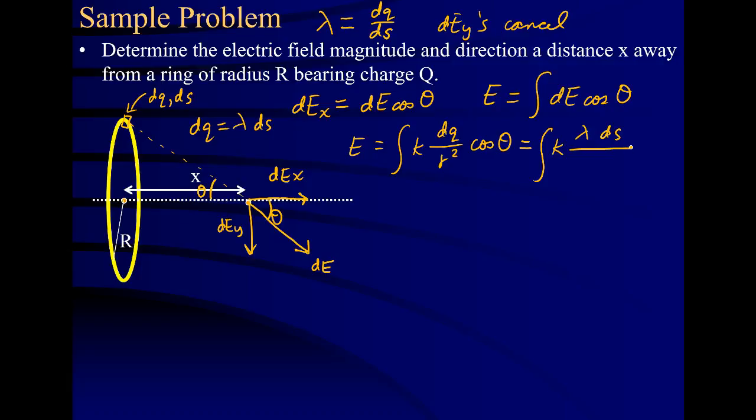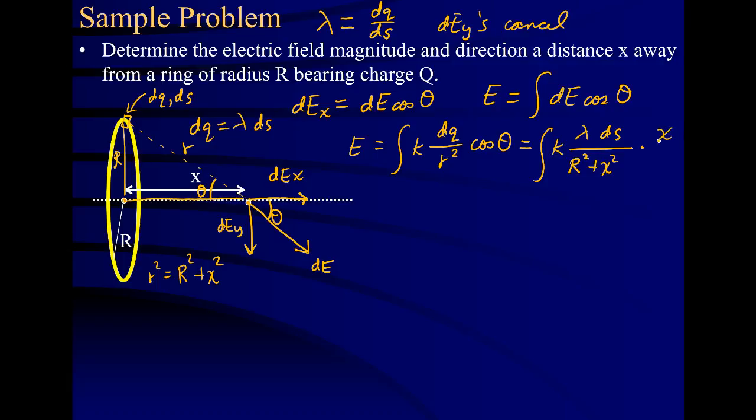The other thing that we can do here is, well, we can do a couple things. But one thing is we can note that the distance little r is actually related to the radius big R and the distance x. So it's just Pythagorean theorem. Little r squared is equal to big R squared plus x squared. And the cosine of theta, if you think about it, will be x over r.